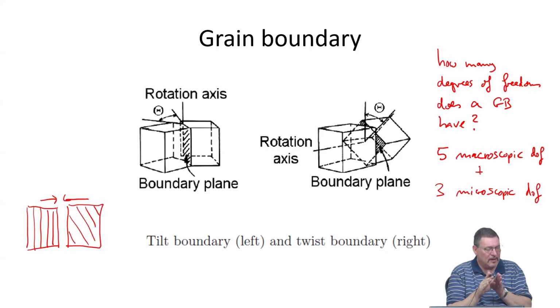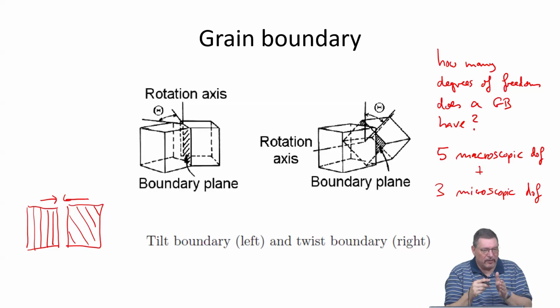I have not given you any clue on how the grain boundary plane is sitting, right? And whether it is symmetric or whether it is asymmetric and has been inclined.